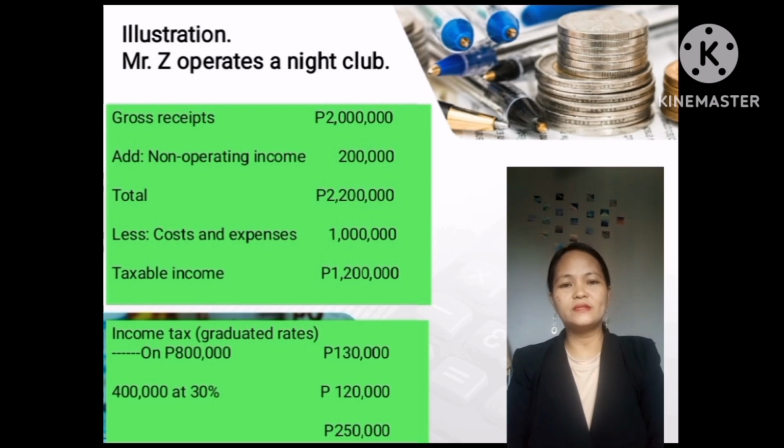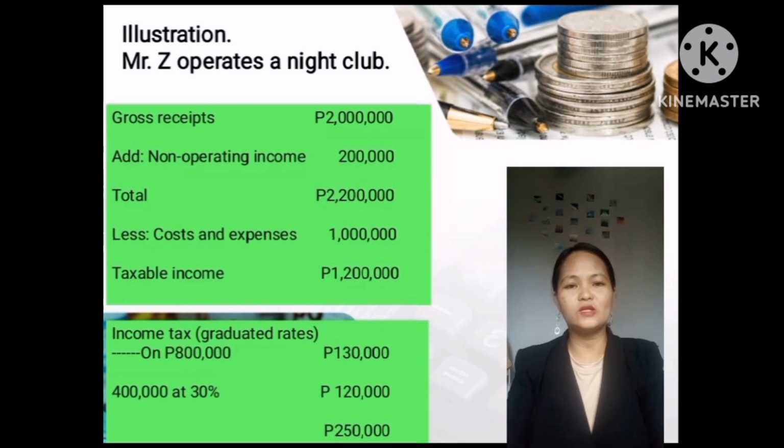So, ang tax rate ng 1,200,000 pesos ay nasa bracket na 800,000 to 2 million. Ang tax rate nito ay 130,000 plus 30% of excess over 800,000 pesos. So, yung 1,200,000, pag inalis natin yung 800,000, magiging 400,000 pesos na lang. So, dun sa 400,000 pesos, dun tayo magko-compute ng 30% dito.